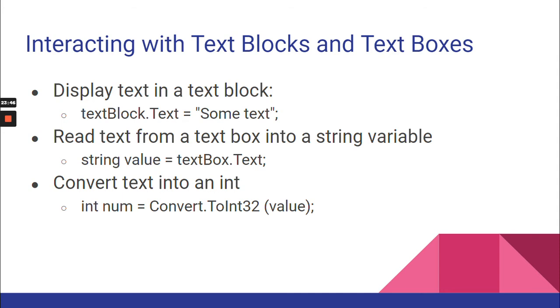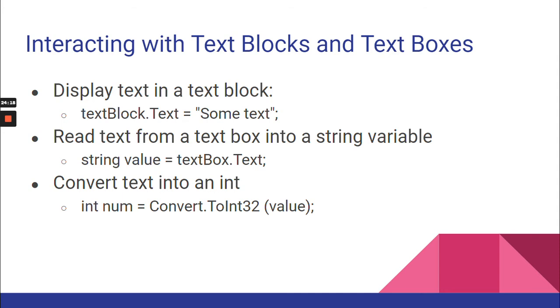Notice it's a statement. It ends with a semicolon. Now, if I want to read text from a text box into a string variable, whatever the name of my text box is, .text, that's saying get me this text that's whatever's typed in the text box, and we're going to assign it into a string variable called value. And finally, this one's really important. Value here is a string, but we want to use it as an integer.